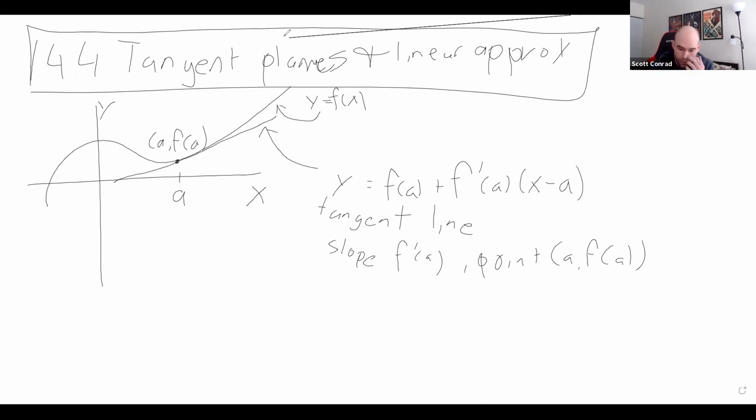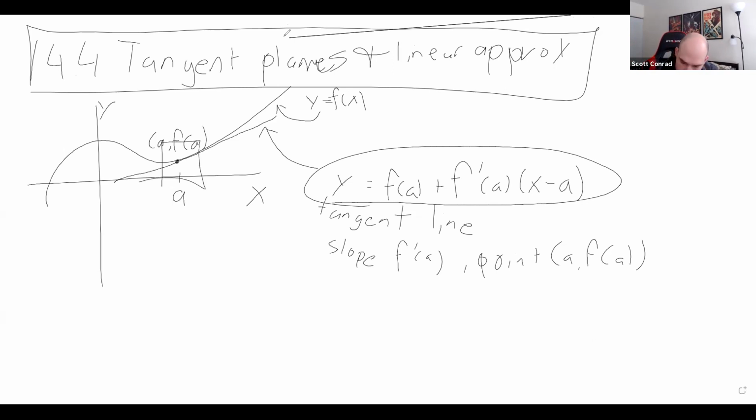So what is important about the tangent line? Well, it's really simple. The equation of this is linear, a really simple function, whereas the function itself could be very complicated. Linear functions are nice when you're trying to approximate something. The tangent line is the best linear approximation of your function near the point a.